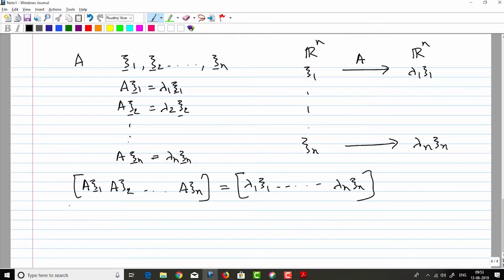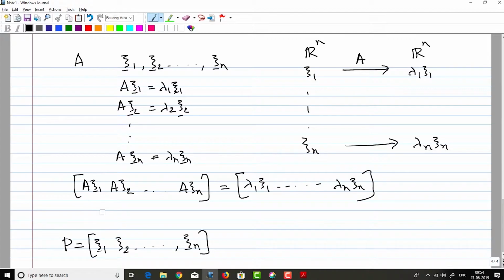I construct the matrix P with the column vectors xi1, xi2, up to xin. So my P is this matrix.